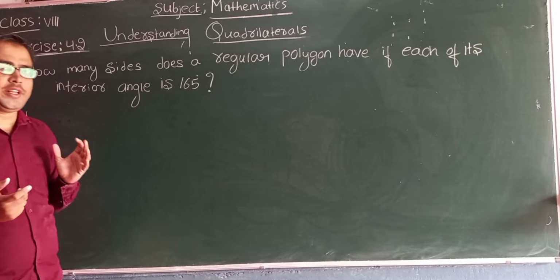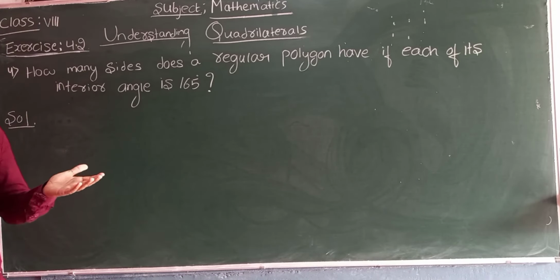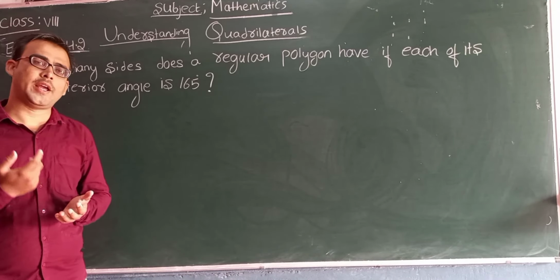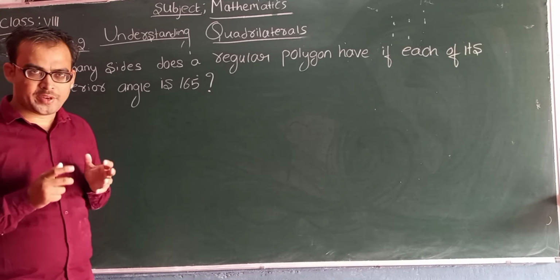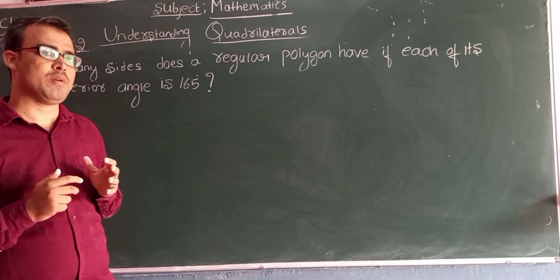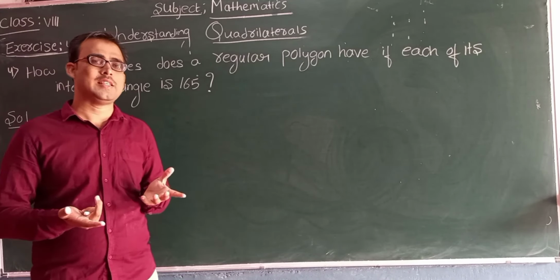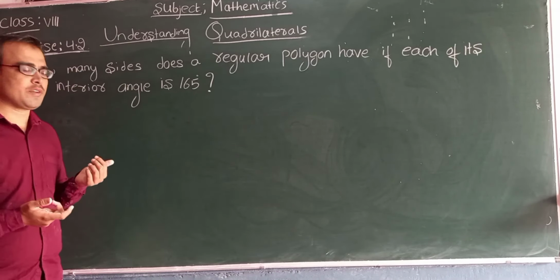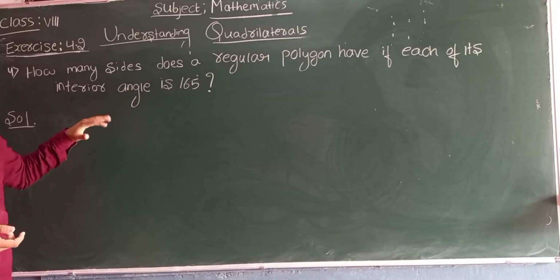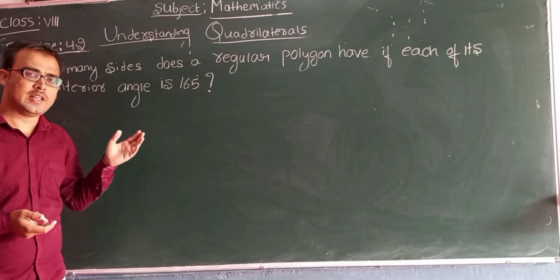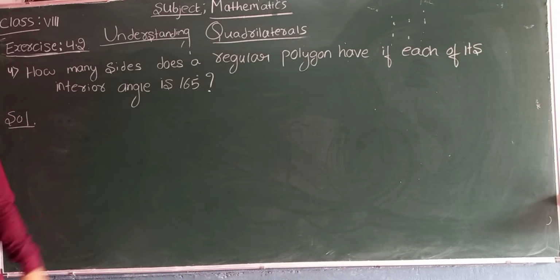So the sum of interior angles will be different, but the sum of exterior angles of any polygon is the same. So we can use that one. Here they have given the interior angle, so with the help of this we will find the exterior angle. Then we'll calculate the number of sides.